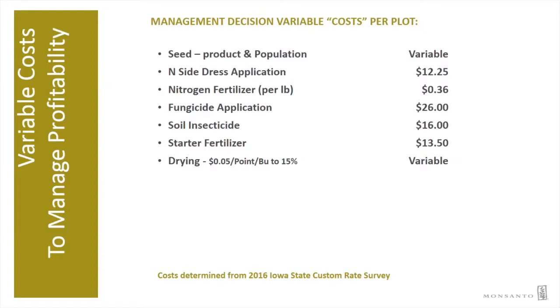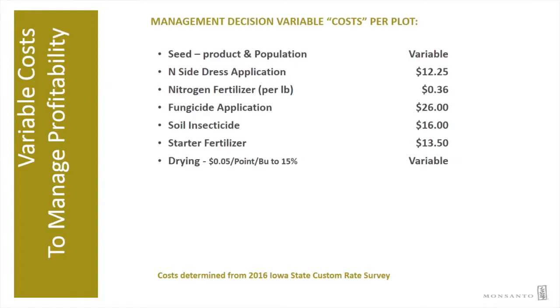So take your total pounds of nitrogen that you want applied and multiply that by 36 cents. Fungicide application, we talked a lot about that, is going to be $26 per acre. Soil insecticide option is going to be $16. Soil insecticide comes into play if you have no below ground pest protection in your corn product, and you feel like you've got a good enough pressure of corn rootworm to make that soil insecticide work.